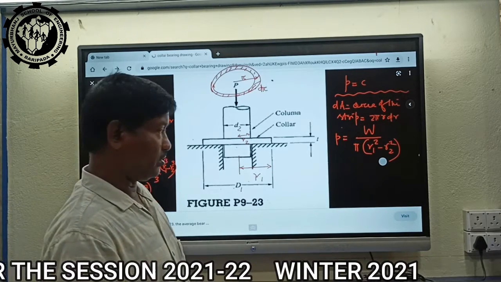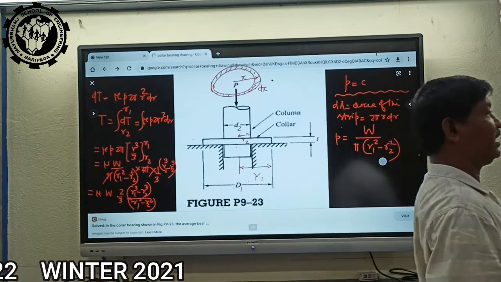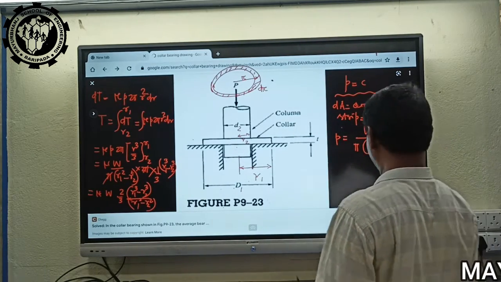When we calculate the value of T, we can calculate the power loss in friction.